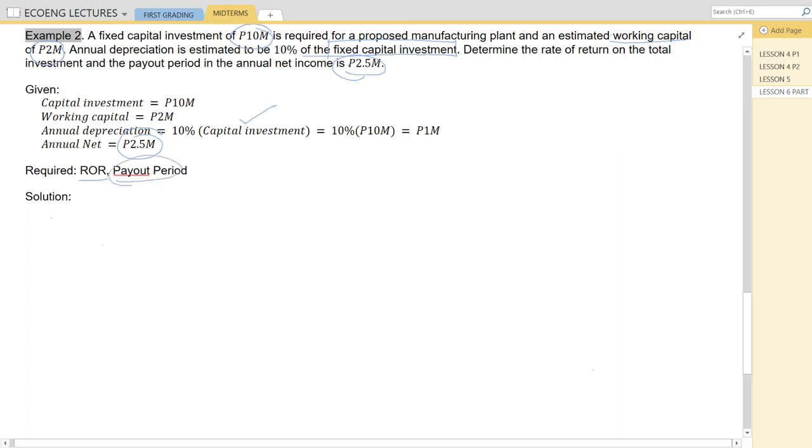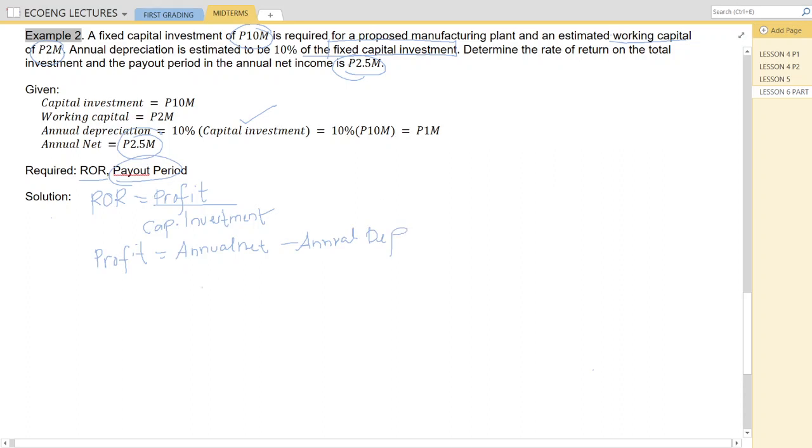Having the solution, we get the value of the rate of return. ROR is equal to the profit divided by the capital investment, or the invested capital. The profit is equal to the annual net income minus the annual depreciation.